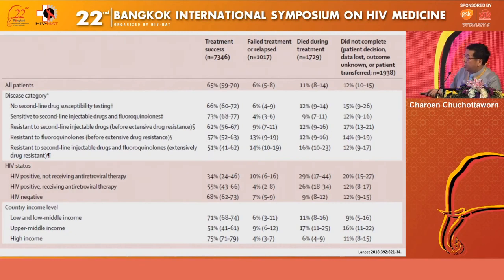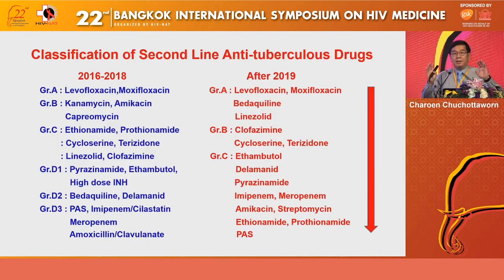In this paper, they show that HIV patients had a very high mortality rate after treatment, 30%. And with ARV, they can get a higher success rate in MDR-TB treatment with the old longer regimen. So from this paper, the WHO recommended the new longer regimen.